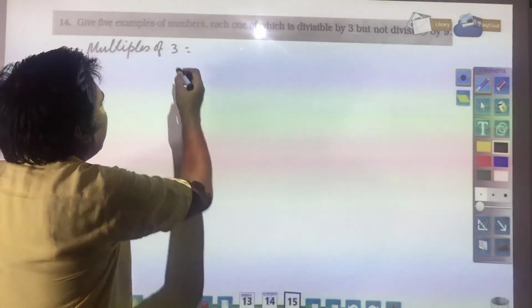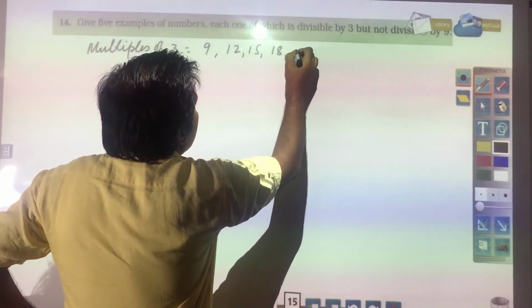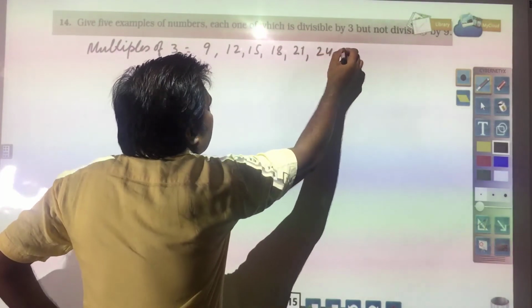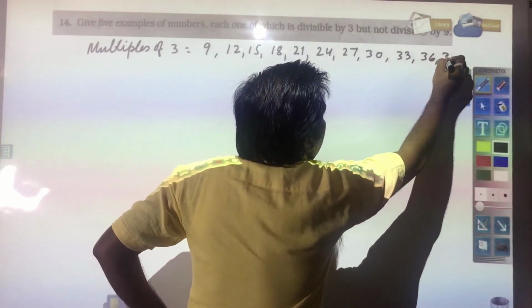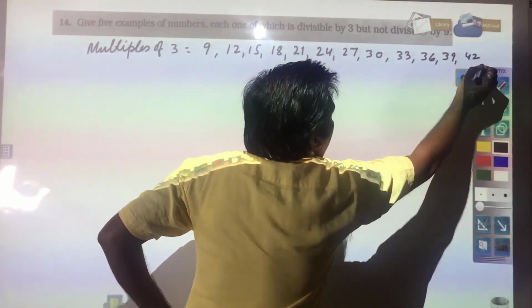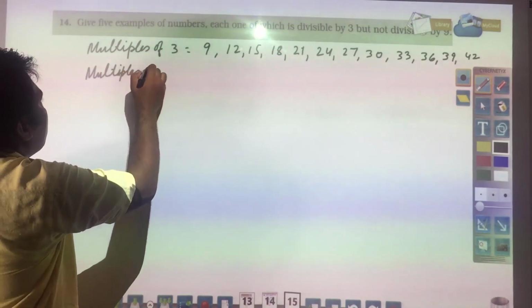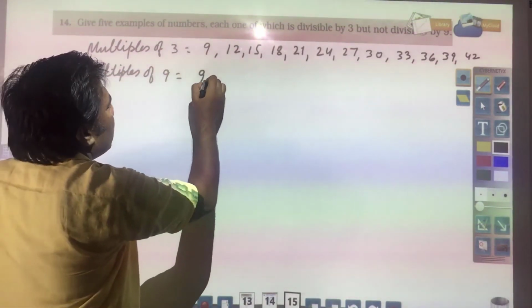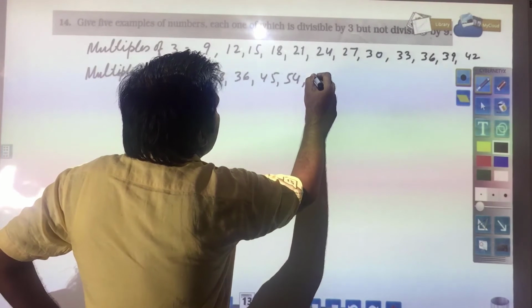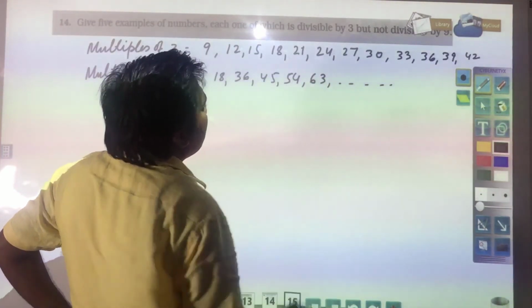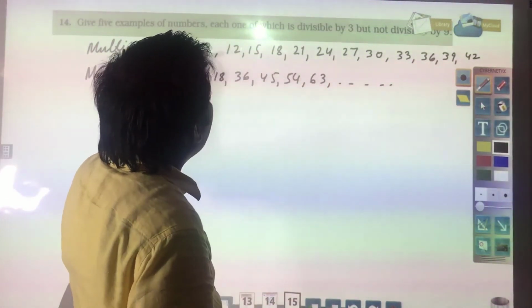That will start with 9, and so on. So you need to write down 5 common numbers.